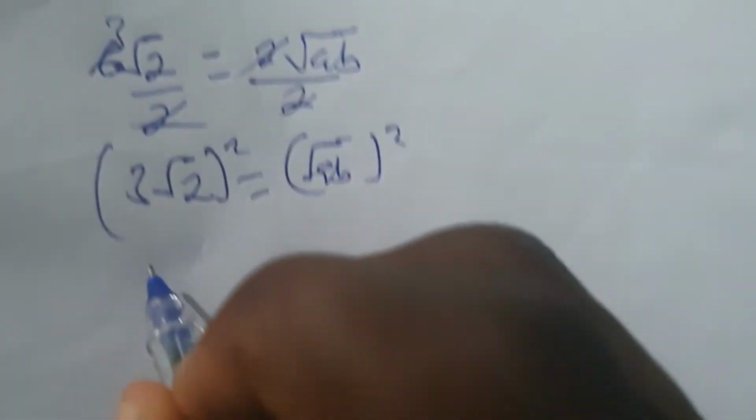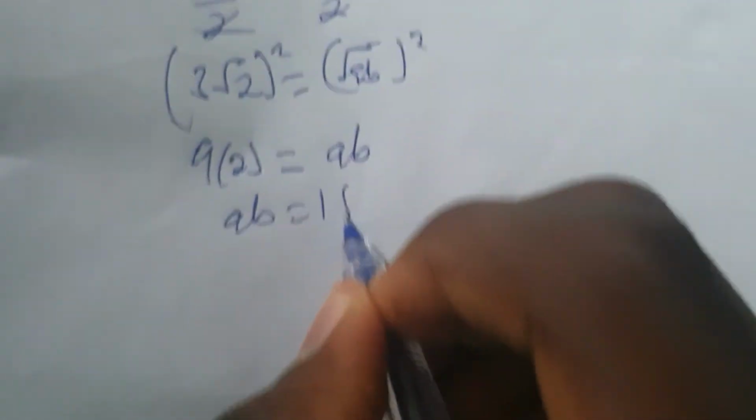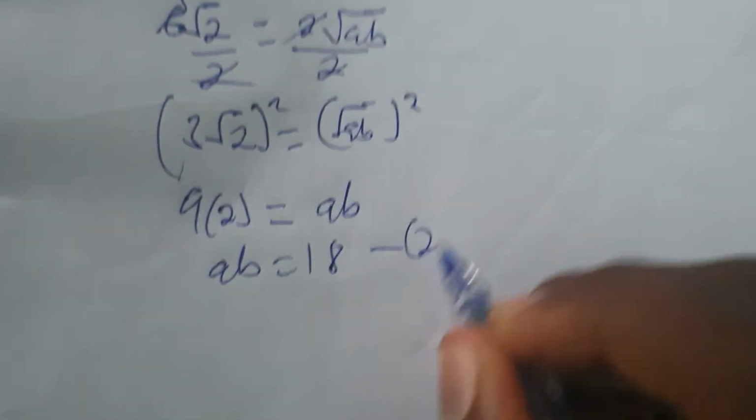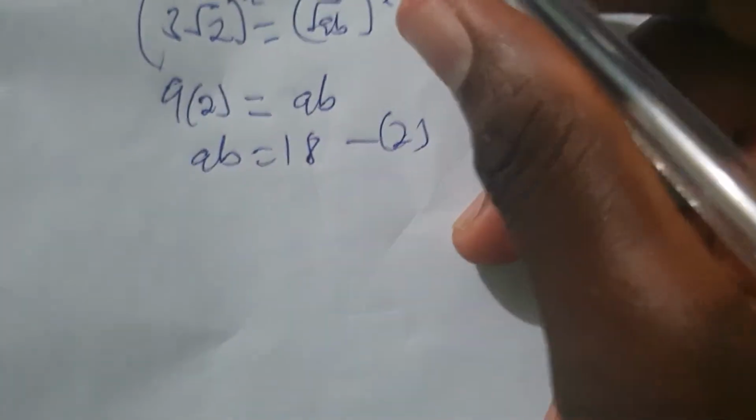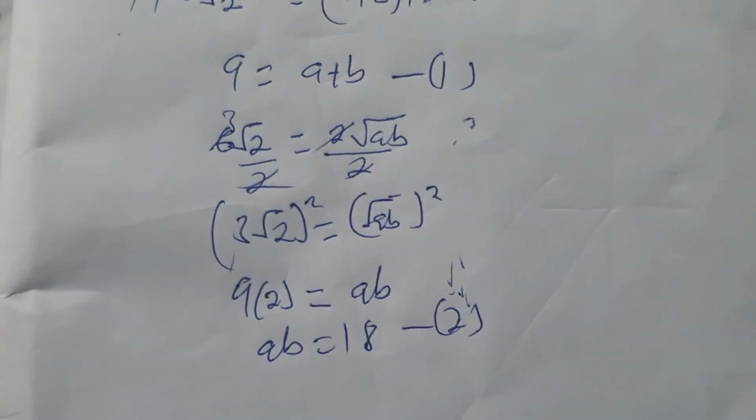You can square both sides to get rid of the square root. 3 squared is 9, root 2 squared is 2. This gets rid of the square root, so we get ab equals 9 times 2, which is 18. Our second equation.